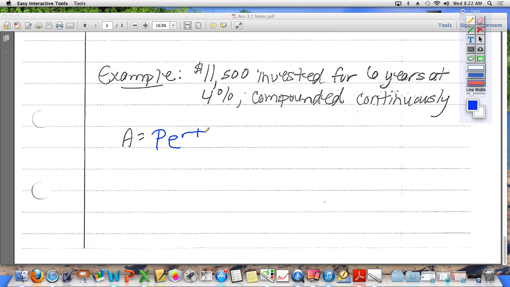So in this case, A is going to be equal to, what is P? How much money are you starting with? $11,500. Is this US dollars? Yes. It should be ended with the unit USD.